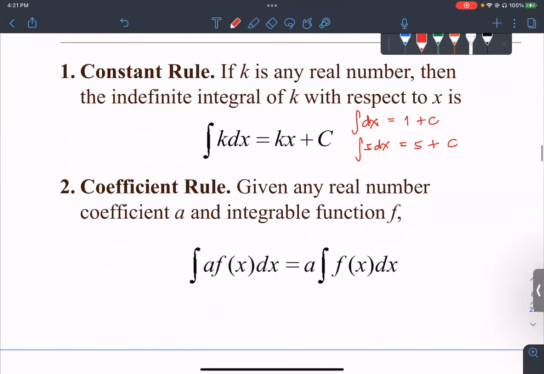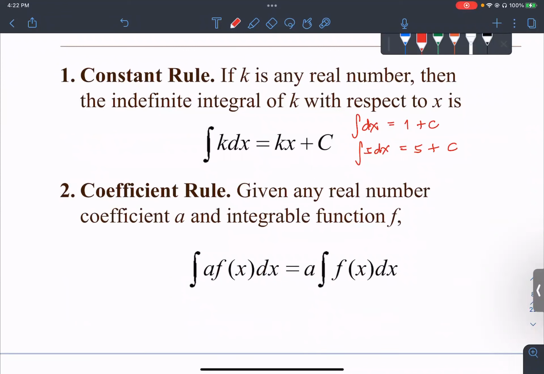The second one, we have the coefficient rule. Given any real number coefficient a and integrable function f, it can be written like this. As long as a is a numerical coefficient, we can move it out of the integral sign. Let's say we have 5 times the integral of x squared plus 2 dx.